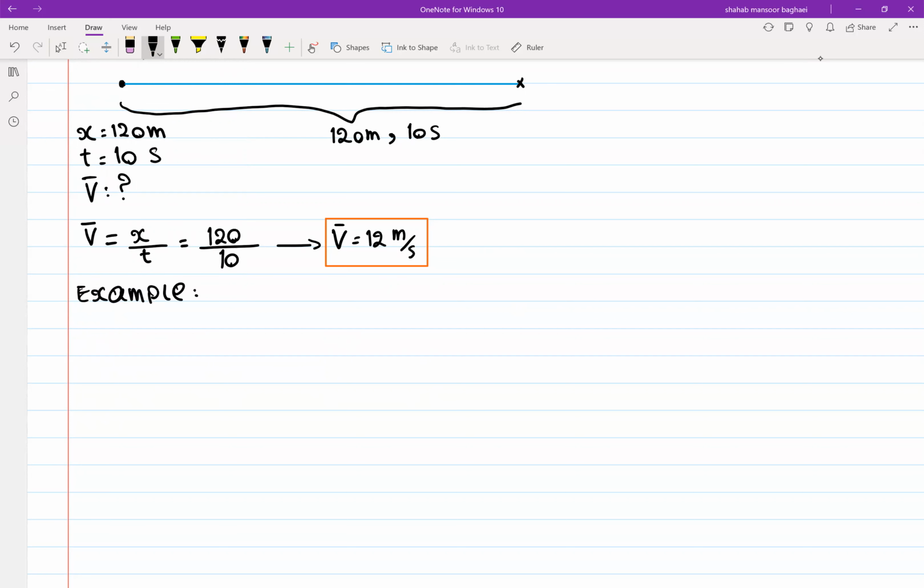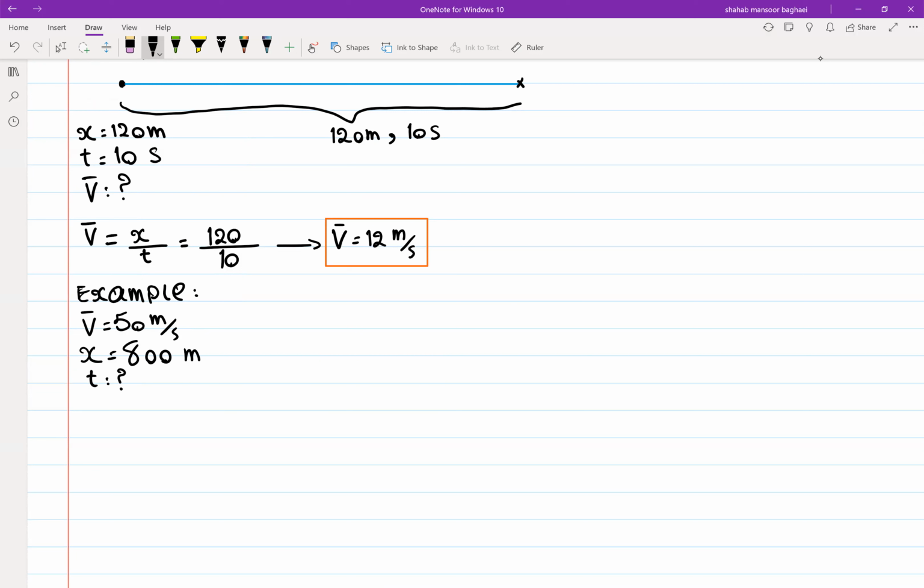We have a moving particle, and the V bar, or average velocity, of this particle is 50 meters per second. What is the required time to travel 800 meters? What is x? 800 meters. If we want to travel 800 meters with this average velocity, what is the time value, or what is the required time for this traveling?